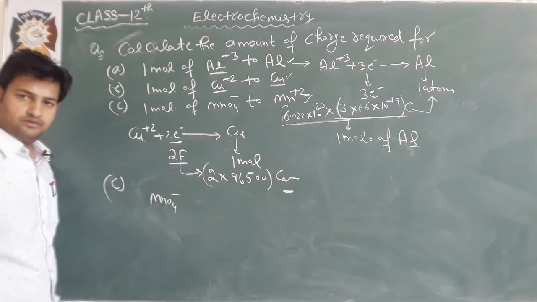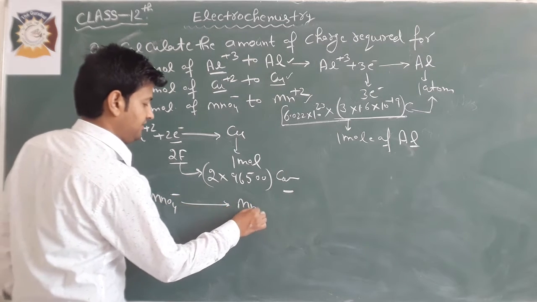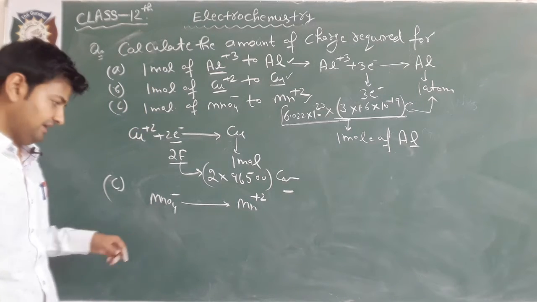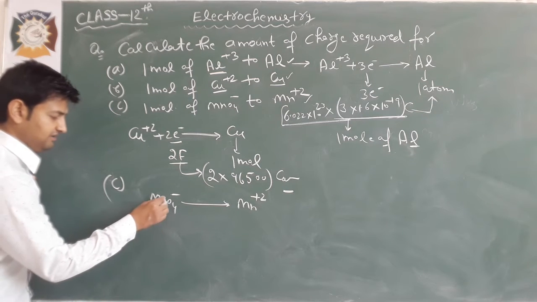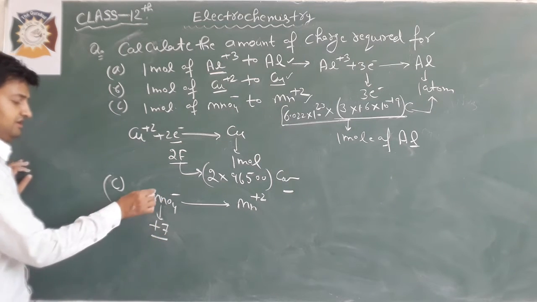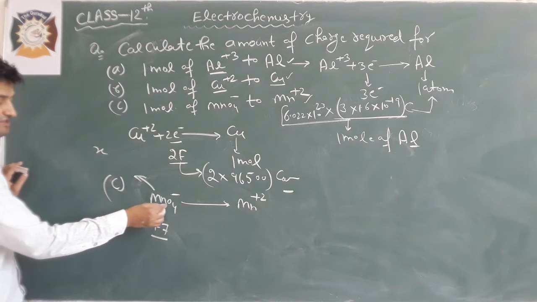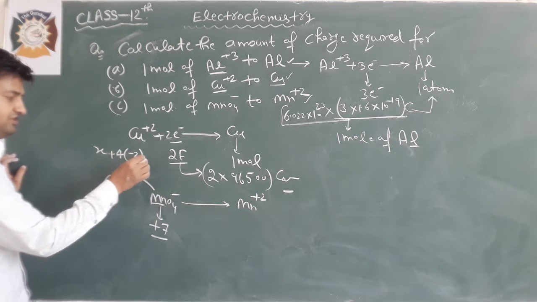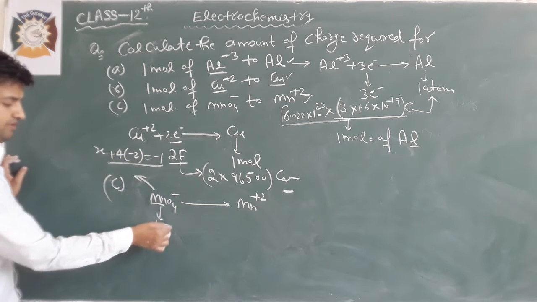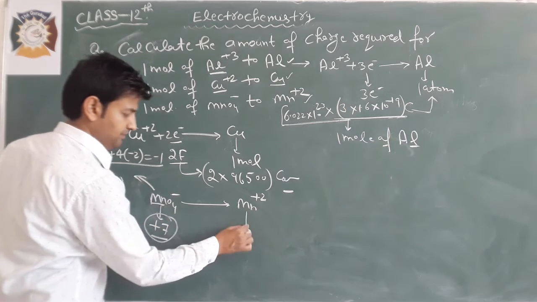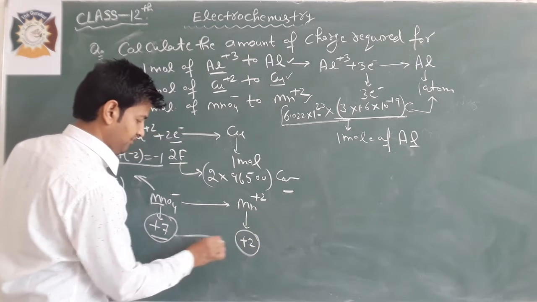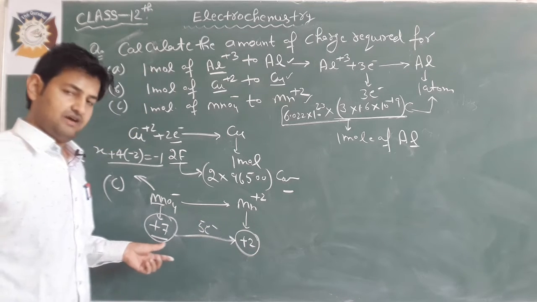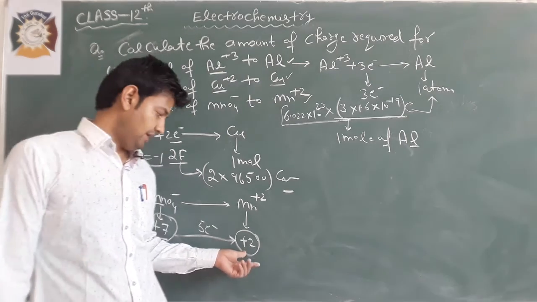And in the third case, MnO4 minus converts into Mn plus 2. First of all, we have to calculate the oxidation state of manganese. Let it be X. We consider the oxidation state of manganese X plus 4 into minus 2, oxygen being minus 2, equal to minus 1. It comes out to be plus 7. So manganese goes from plus 7 to plus 2. How many electrons are gained? Plus 7 to plus 2 requires 5 electrons.